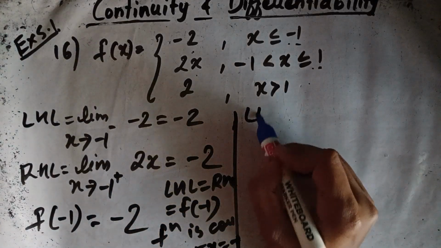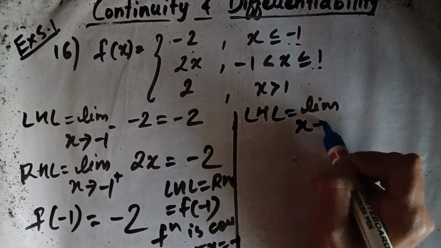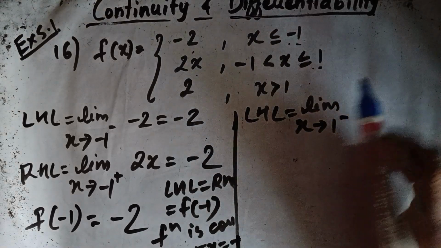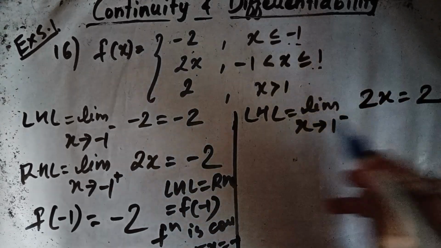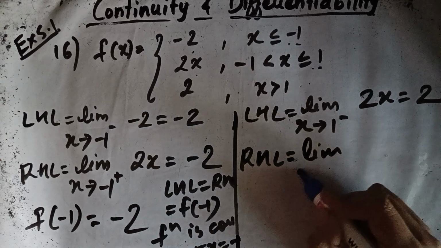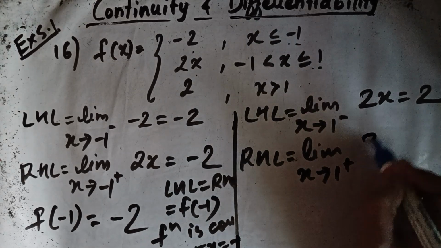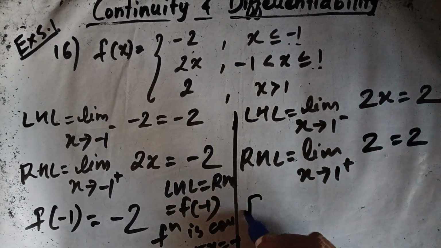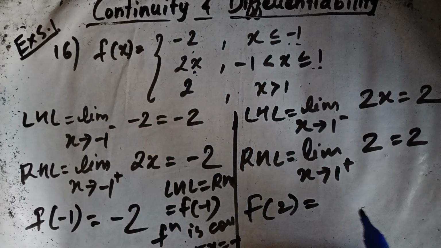Okay. For x equal to 1, limit is extending to 1 minus. 1 minus is 2x here. So 2. What about RHL? Limit is extending to 1 plus, 2. F of 1, you have to take this.